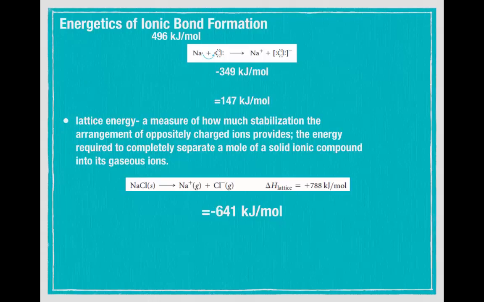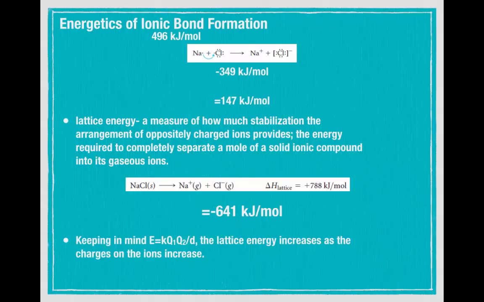And so if I were to add all of the energies up, the negative 349, the 496, and negative 788 kilojoules per mole, I would end up with negative 641 kilojoules per mole, which is a favorable reaction. Now, the energy that's released as a result of the attraction between these ions of opposite charge makes up for the endothermic ionization energy and therefore causes the formation of ionic compounds to be exothermic.